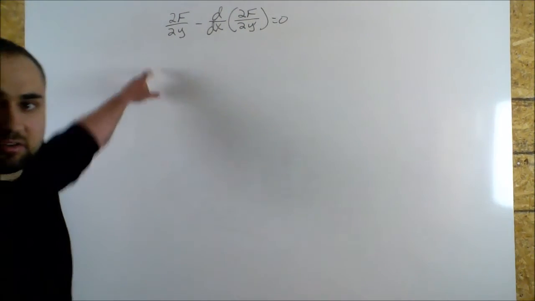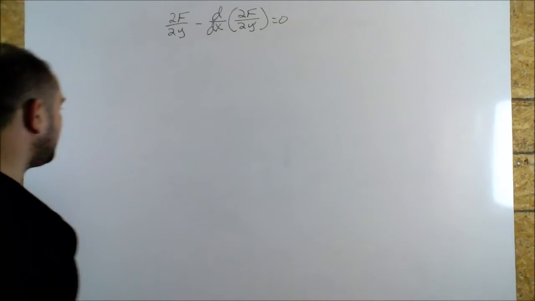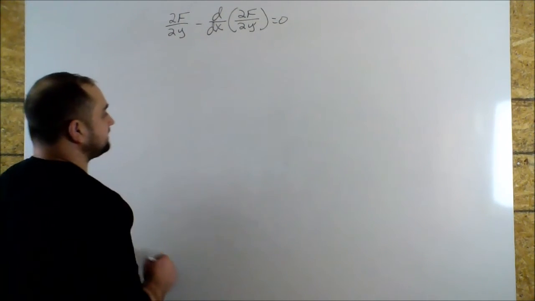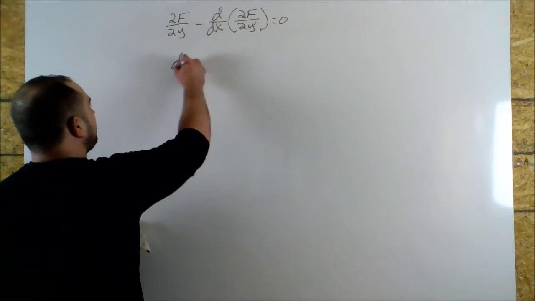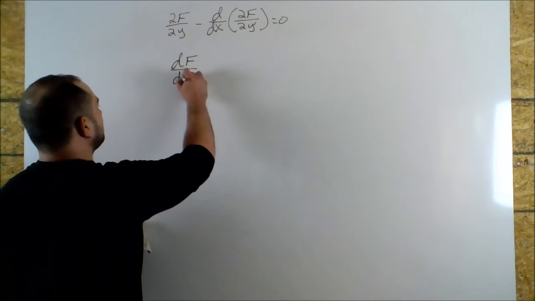Okay, so this is our Euler-Lagrange equation. Let's take a look at differentiating f with respect to x.